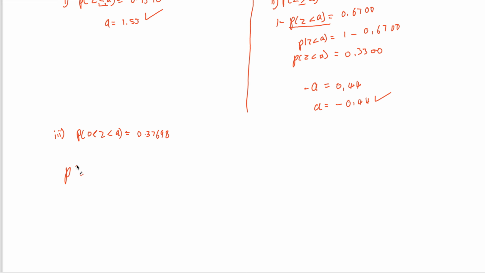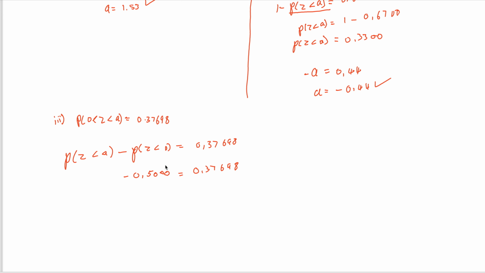So we have P of Z less than A, minus P of Z less than 0, equals 0.37698. Okay, so we know that this part is basically 0.5. So this part we want to know what it results to.